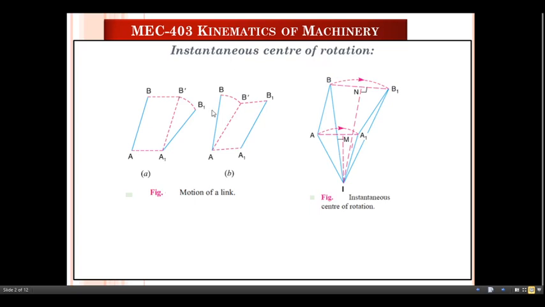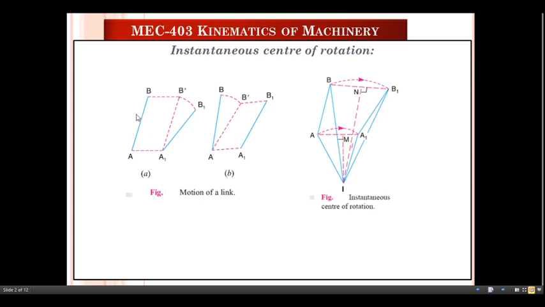For that, consider the link AB, which moves from the initial position AB to A1 B1. Now, if you just see here, this motion is not fully translation motion or rotational motion.